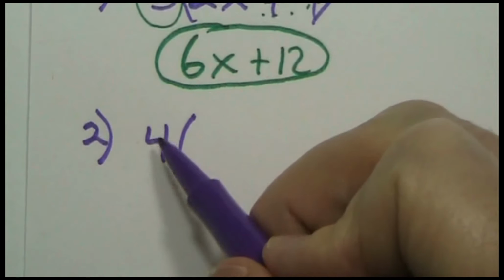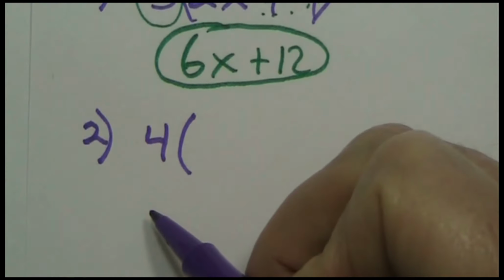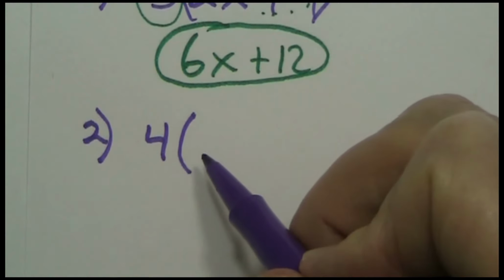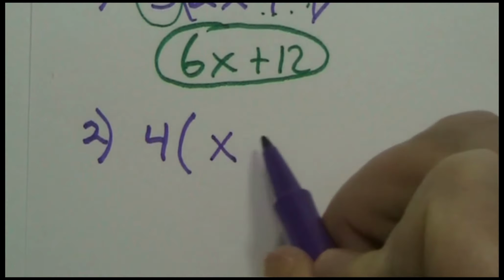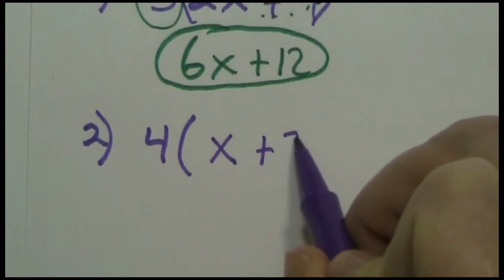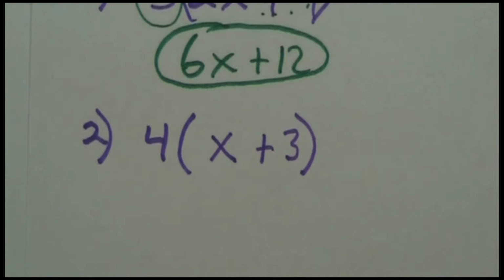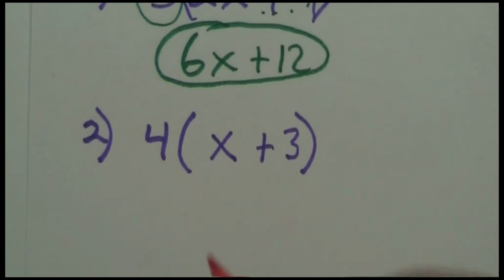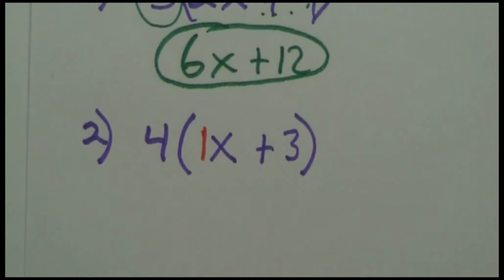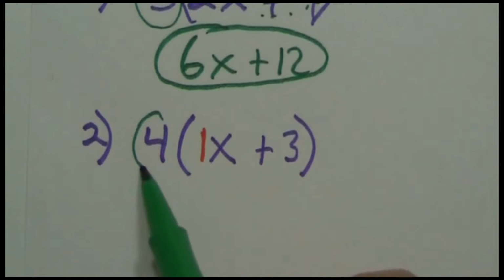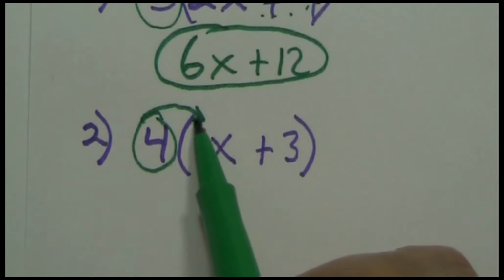Here's our next example. We're going to take 4, and we're going to distribute that to this. Now, if you notice, there is no coefficient in front of the x. From last time, you know it's the invisible one. And if you want to make it visible, you can, like that. Now we'll take the outside and we'll multiply it by everything inside.